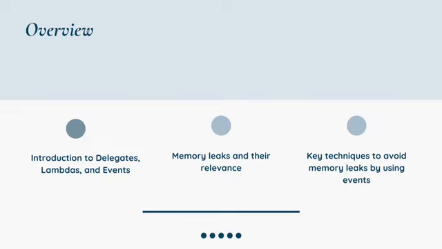Next, we will move to events, which are built on delegates and help us implement the observer pattern. And after that, we will explore common memory leak issues with events and how to prevent them. Finally, we will look at best practices to efficiently manage event subscriptions and avoid performance issues.